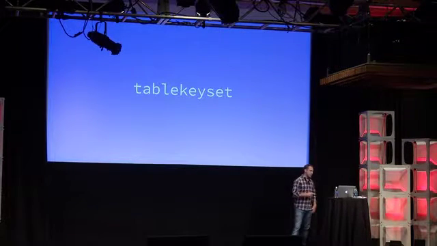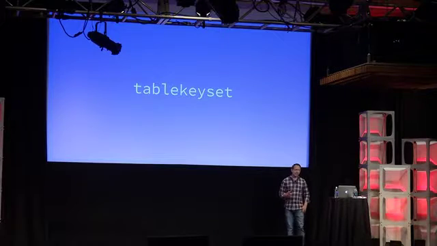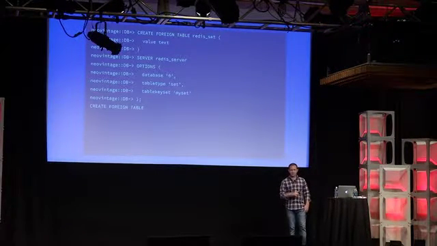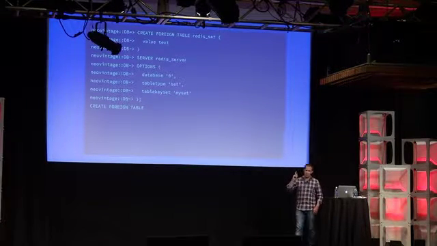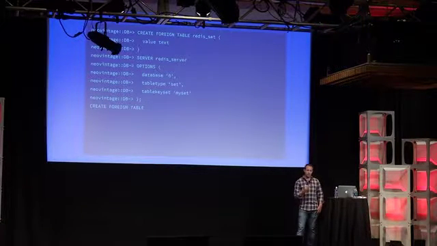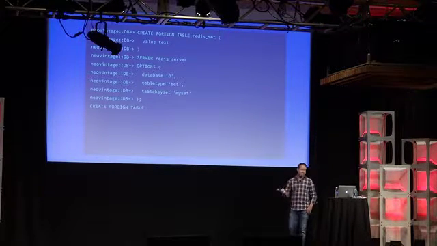One of the other options as part of defining tables is the table key set, and this is only for set types. So when you are creating the foreign table, you'll notice that this time, instead of specifying a key, I'm only defining value. So the options, again, database 0, table type set, and the table key set is now my set.